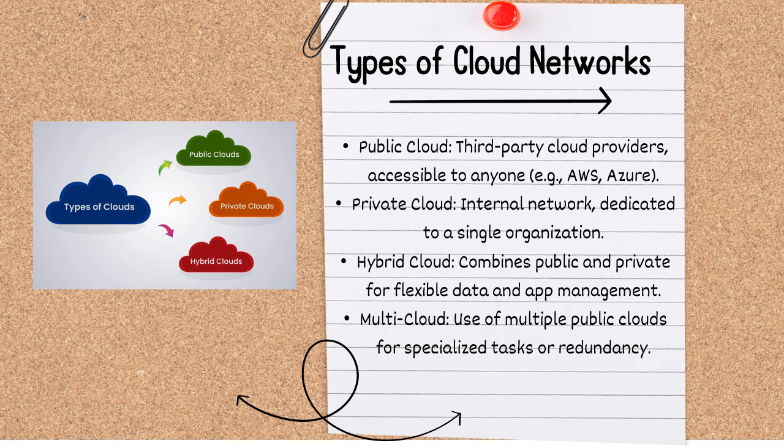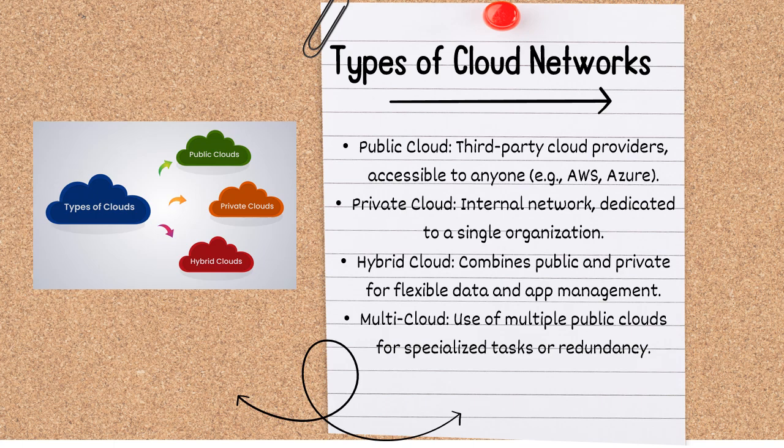Hybrid cloud: the word hybrid simply signifies a combination of two or more clouds. But in cloud computing, a combination of public and private cloud is what is known as hybrid cloud. When we combine public and private clouds for flexible data and app management, we call it a hybrid cloud.